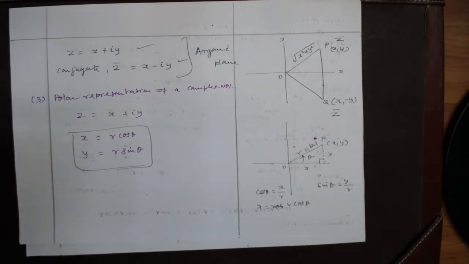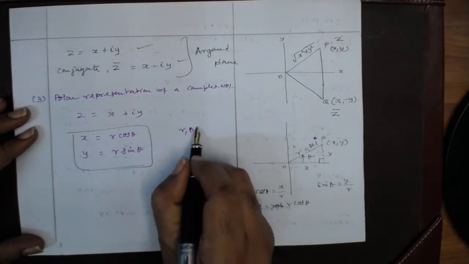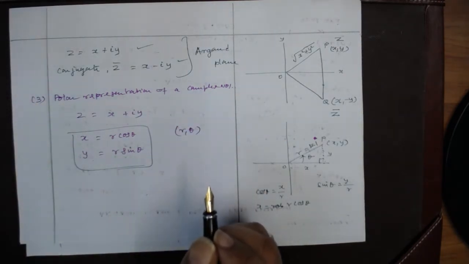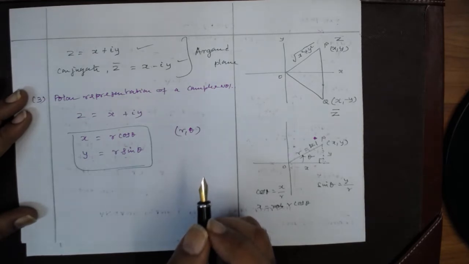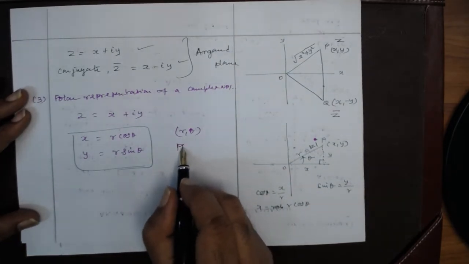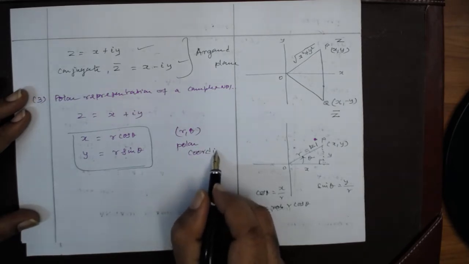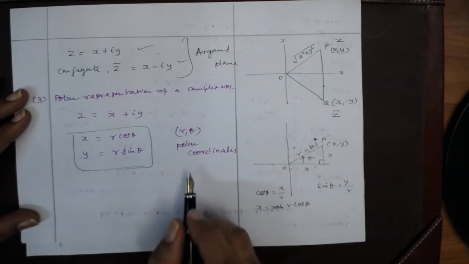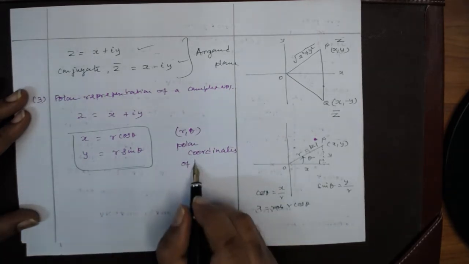They are called the polar coordinates of the point P.